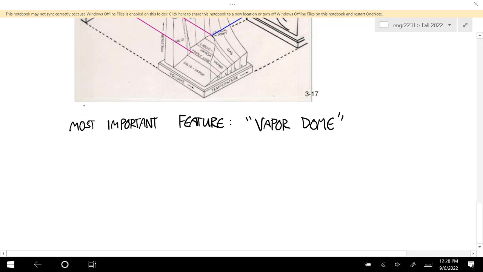And it's the thing, if you look at that surface right up above, that has a sort of curved shape like that. Inside this dome is a mixture of liquid and vapor.